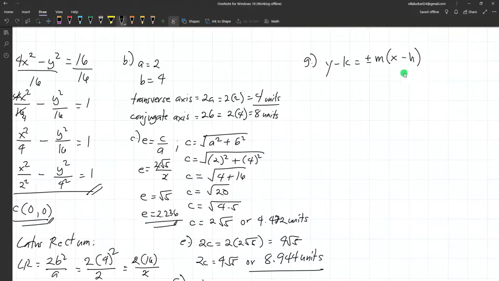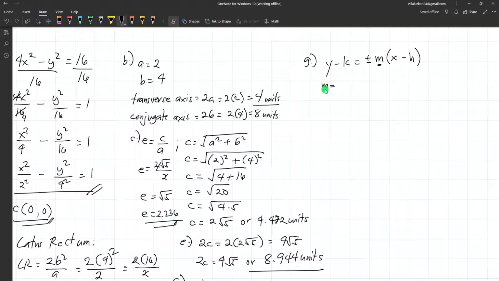So this m here is the slope of your transverse and conjugate axis. To determine m, let's just use the formula b over a, or a over b, depending on what axis is the transverse or the conjugate axis.